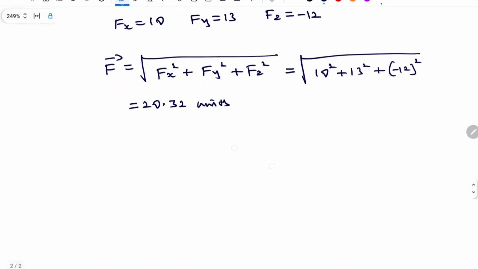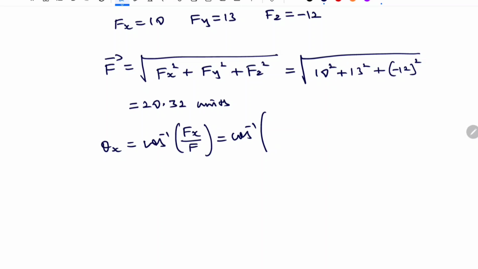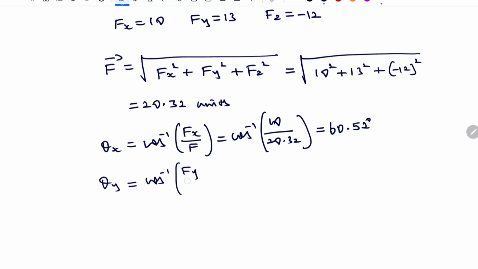Next, to find the value of theta x, we know that theta x is equal to cos inverse of Fx divided by F, that is cos inverse of 10 divided by 20.32. This will give you 60.52 degree. Similarly, theta y is equal to cos inverse of Fy divided by F, that is cos inverse of 13 divided by 20.32.